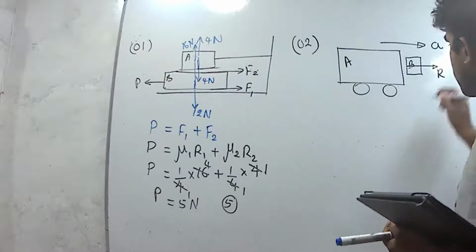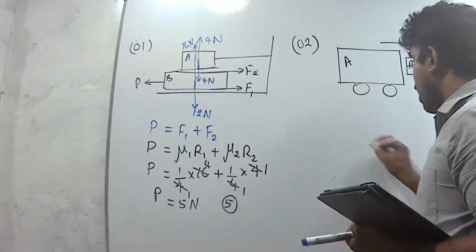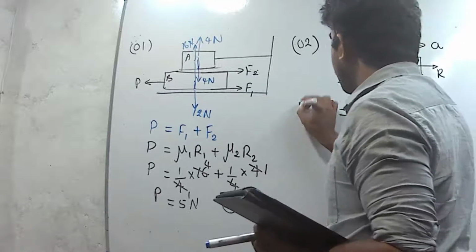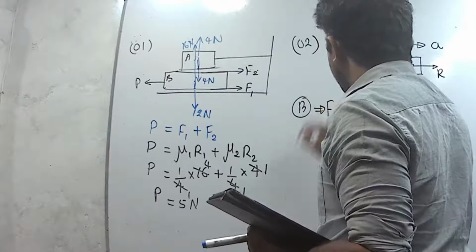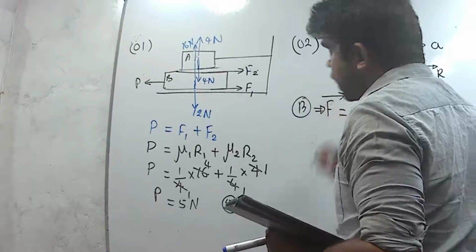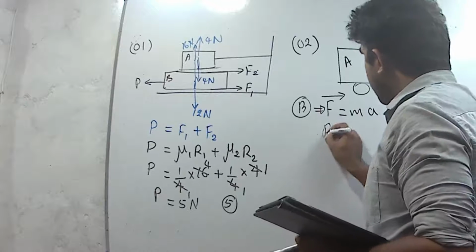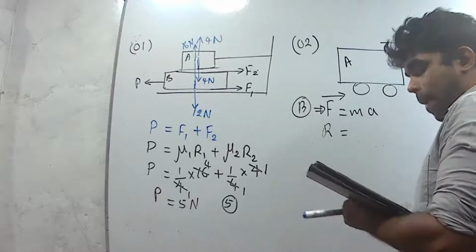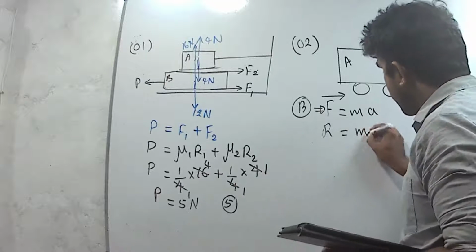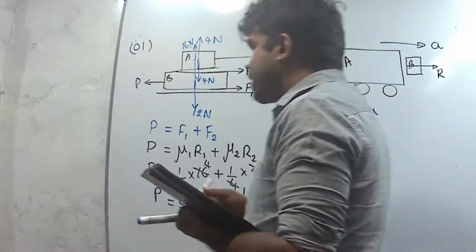We can use F equals MA to find the reaction, for the block B. F is the horizontal reaction on B. It is R. The mass of B, I will consider it as M, as it is not given in the question. Into acceleration. Then the reaction is MA.